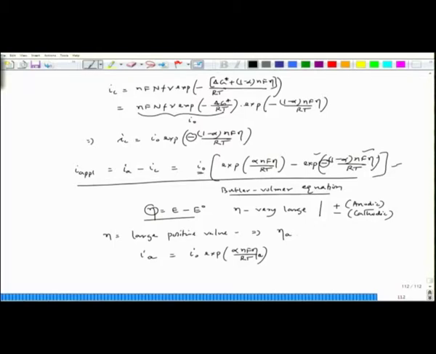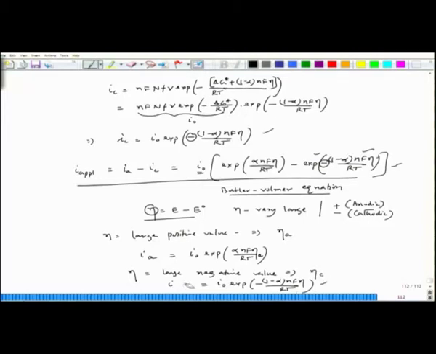Similarly, if eta has a large negative value, at that time it will be considered as eta C, and this equation will go to I applied equal to I0 exponential minus 1 minus alpha NF eta by RT, and interestingly you see this equation is exactly similar to this.